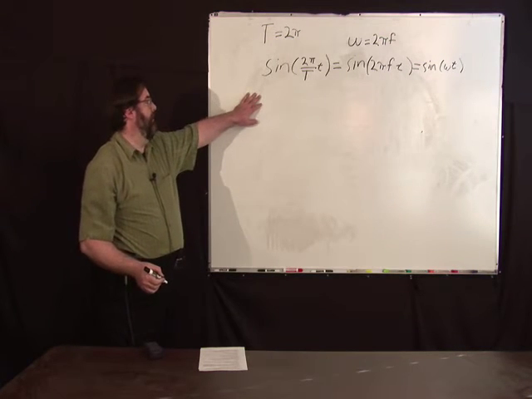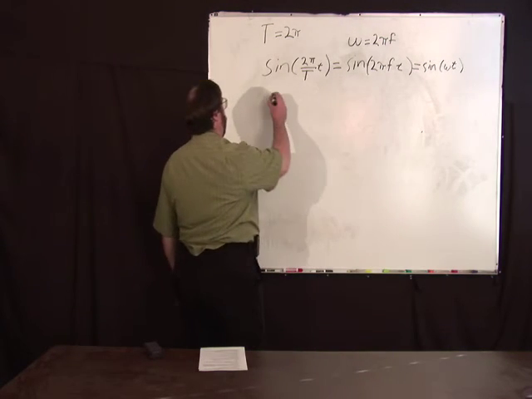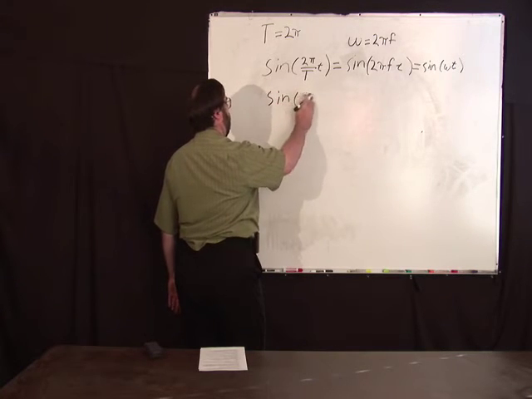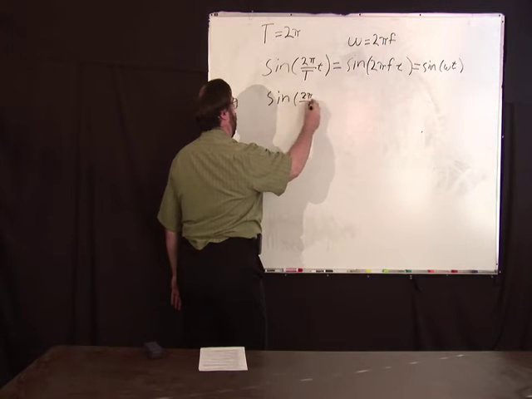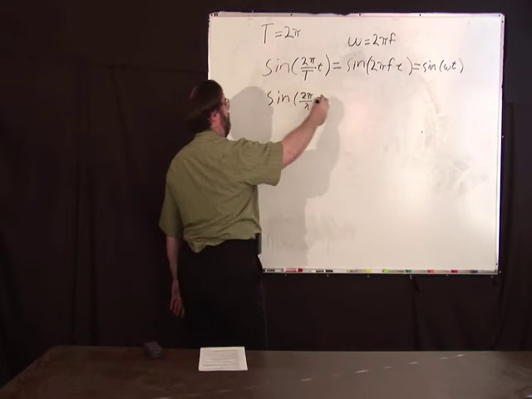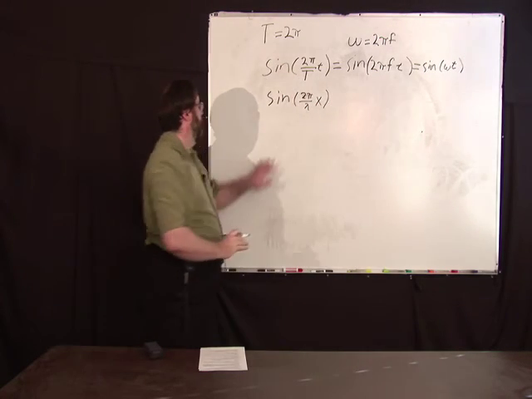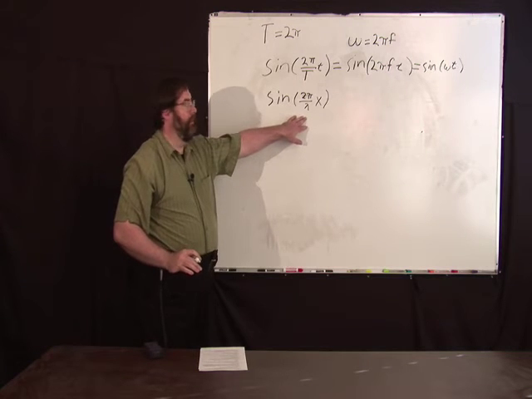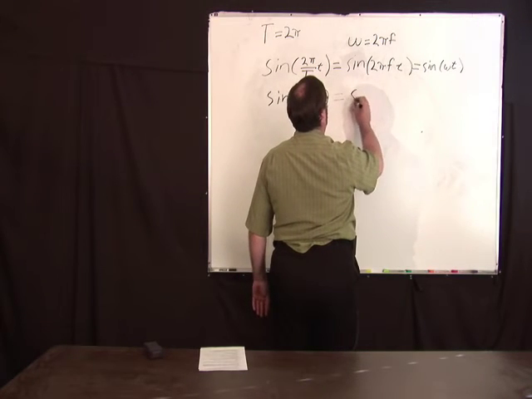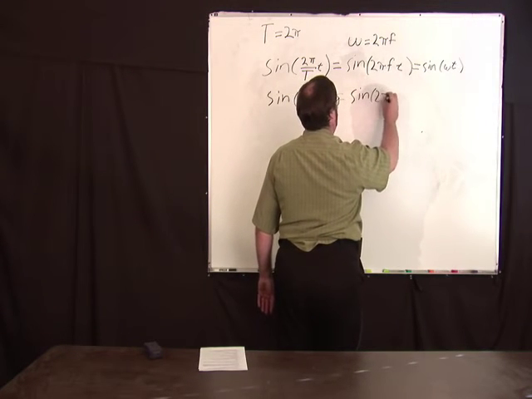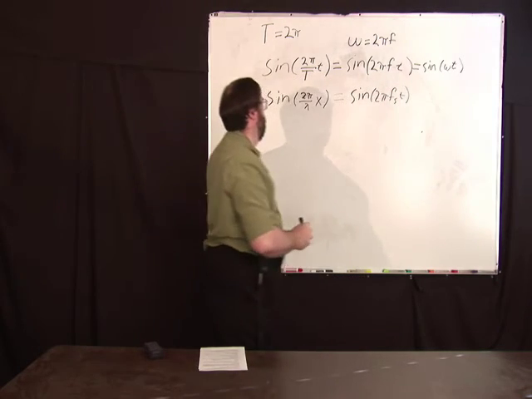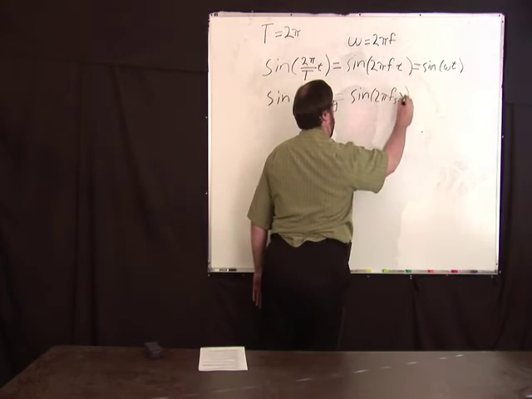If we were going to talk about space for a minute, still sine of 2 pi over lambda x. We're saying the exact same thing as we said here. This gives you something with spatial period or wavelength lambda, which is equal to the sine of 2 pi times the spatial frequency, times x.